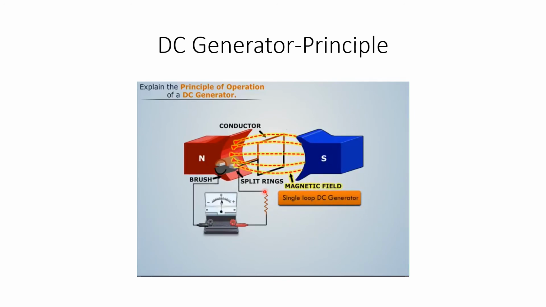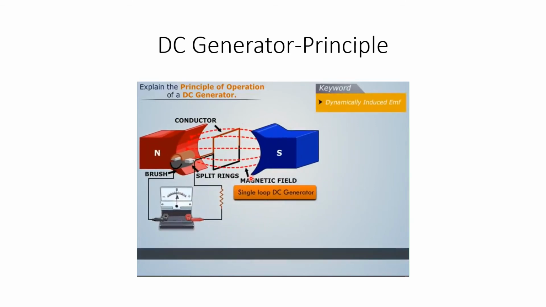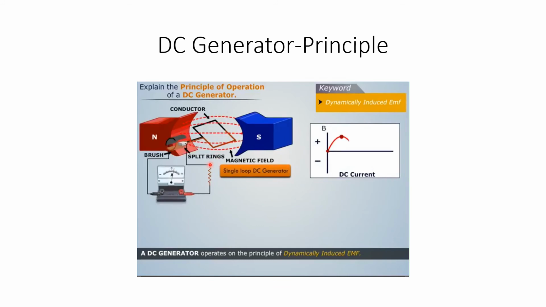Here we have two poles, north and south, and the conductor ABCD. That conductor is connected across the ammeter. Whenever the conductor rotates, there is a current across the ammeter. So it works on the principle of dynamically induced EMF.